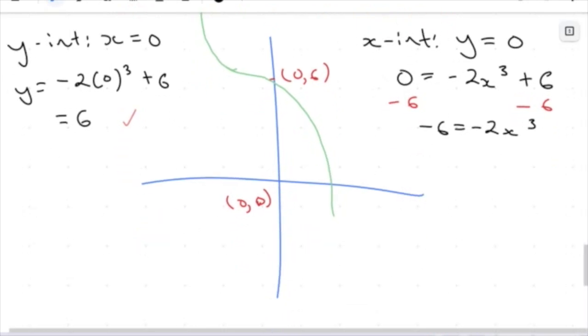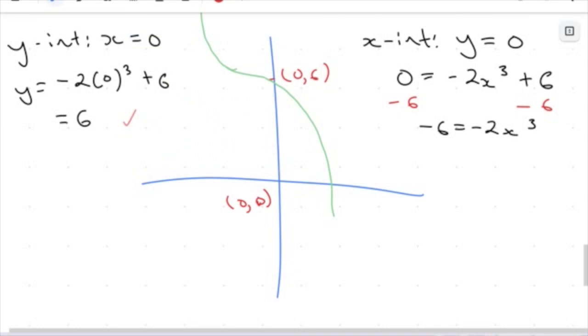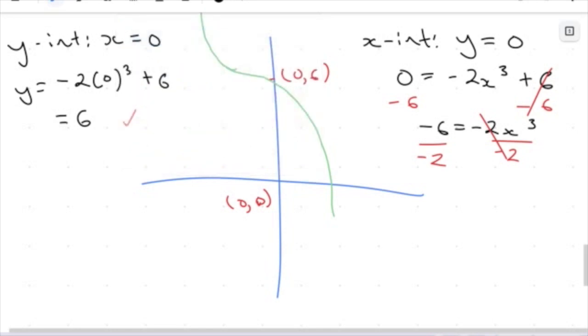Now I want to get to the x cubed first before I get to the x. So I want to undo this multiplying by negative 2 by dividing through by negative 2. That'll give me a coefficient of 1 in front of x cubed, which just gives me x cubed. So I'm dividing both of these through. Minus 6 divided by minus 2 gives me positive 3 equals x cubed.